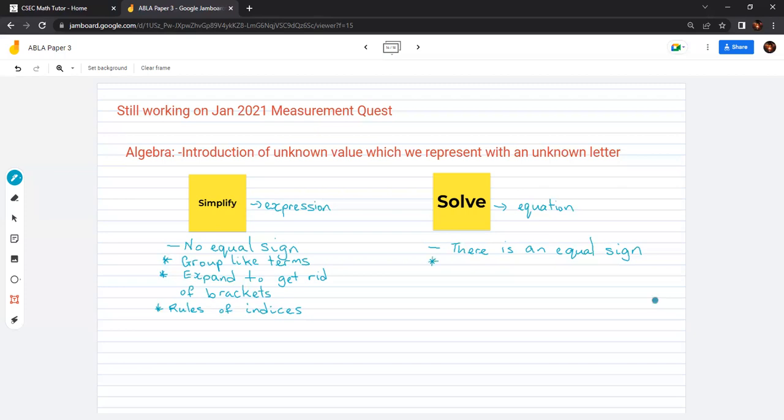You also have to group your like terms, expand to get rid of your brackets, and also know your rules of indices.